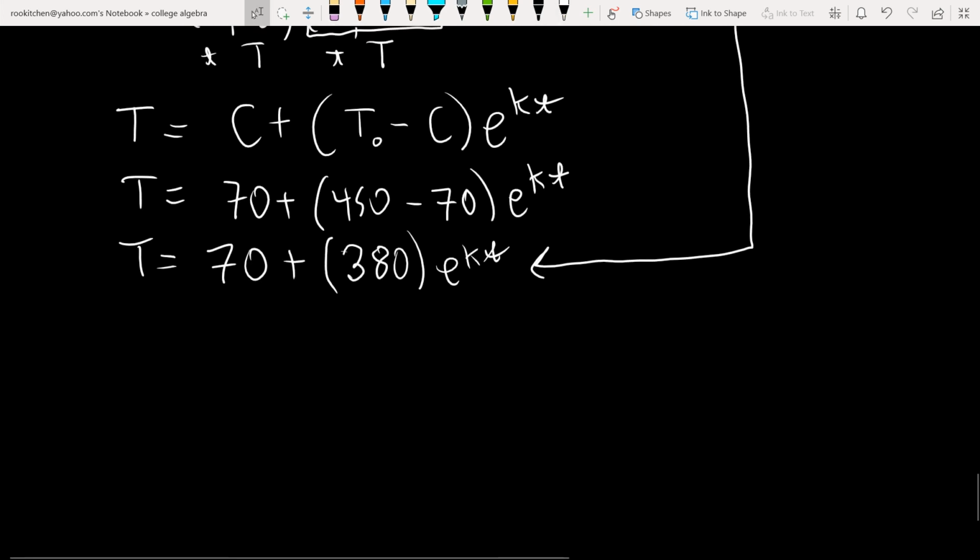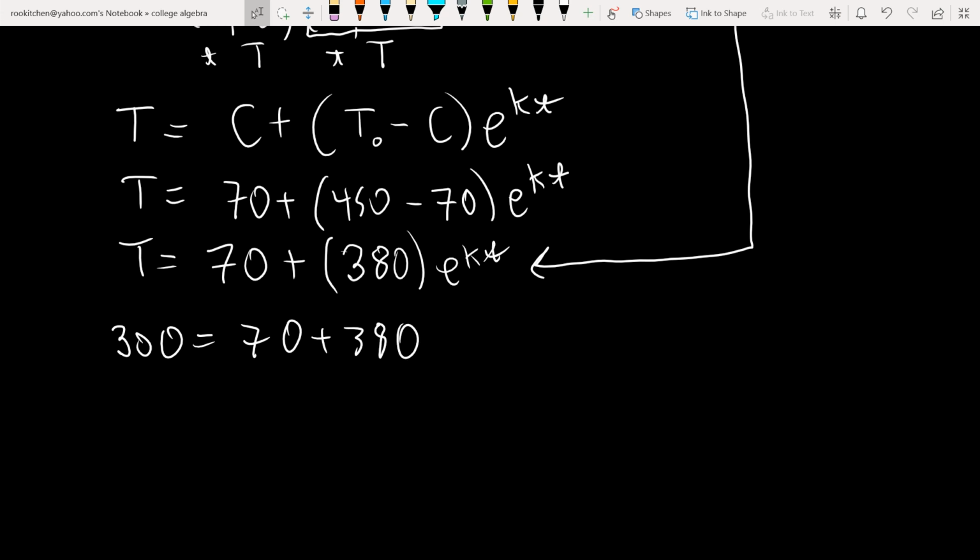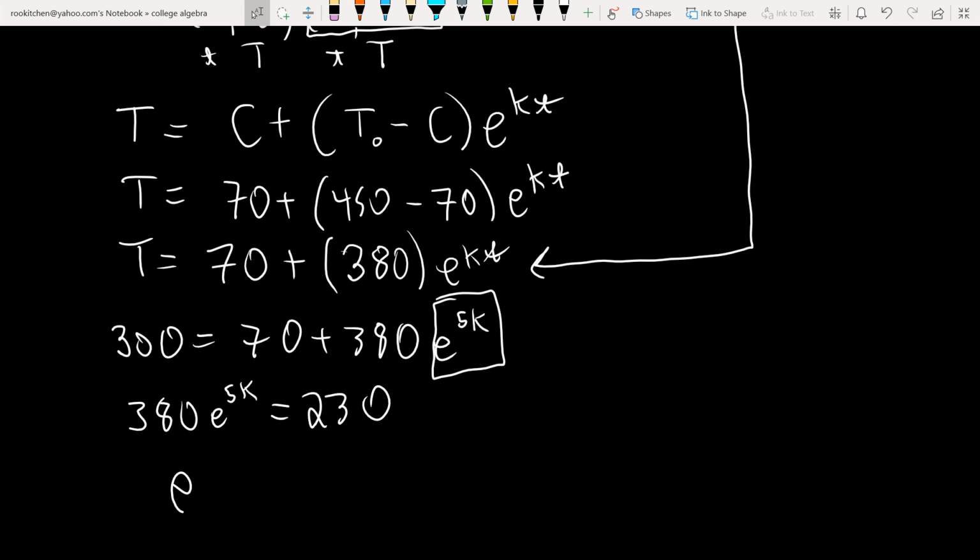The temperature at time 5 is 300, so I'll have 70 plus 380 e to the 5k. I need to isolate the exponential part, so subtract the 70 over. I'll have 380 e to the 5k equals 230. Divide both sides by 380, so e to the 5k equals 23 over 38.